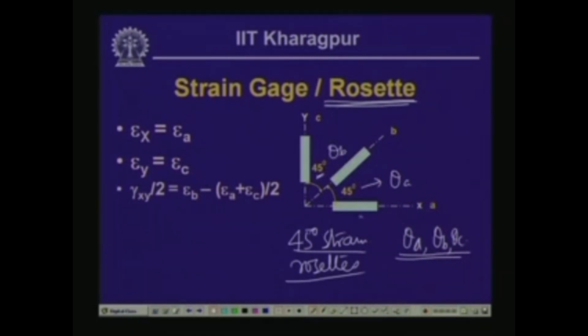Along the x direction we have oriented A, along 45 degree we have B, along 90 degree we have C. Since the strain along A coincides with the x axis, epsilon x is epsilon A directly. Likewise, since gauge C is oriented in the direction of y, epsilon y is equal to epsilon C. So, directly we can get the values of epsilon x and epsilon y from the measured strain values of epsilon A and epsilon C.